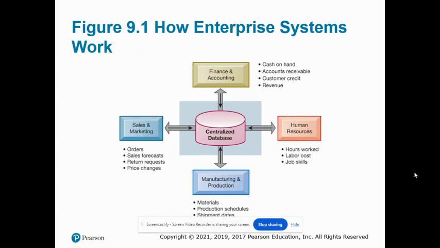This graphic illustrates the function of enterprise software to integrate and share data between the different business functions. One of the key ideas of enterprise solutions is that there's one company, one database, and not a collection of disconnected databases.